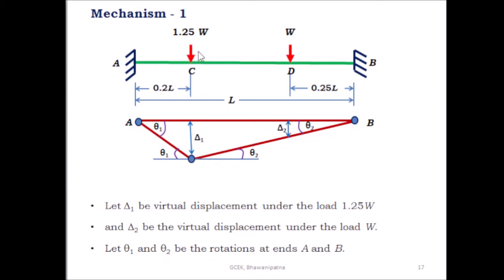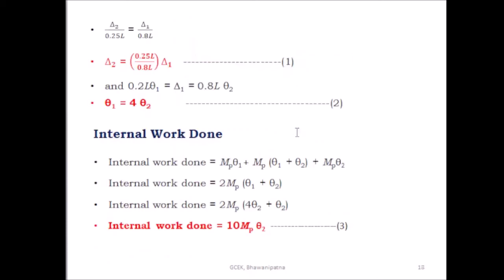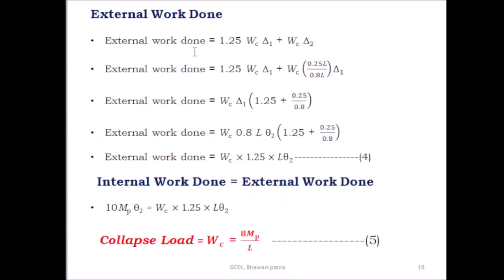The total external work done due to both loads is 1.25 WC into delta 1 plus WC into delta 2.